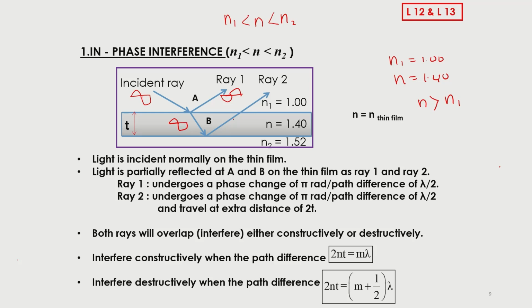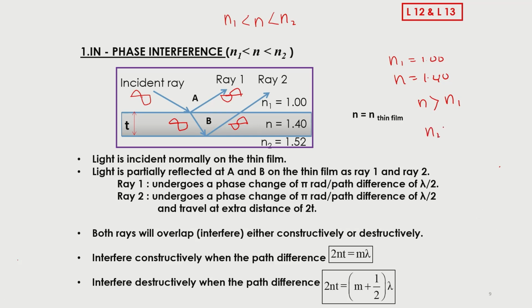Yes, the reflected wave will undergo phase change as well because it reflects from a boundary at which the index of refraction increases. The refractive index of the thin film is 1.4 and the refractive index of medium 2 is 1.52. It increases.